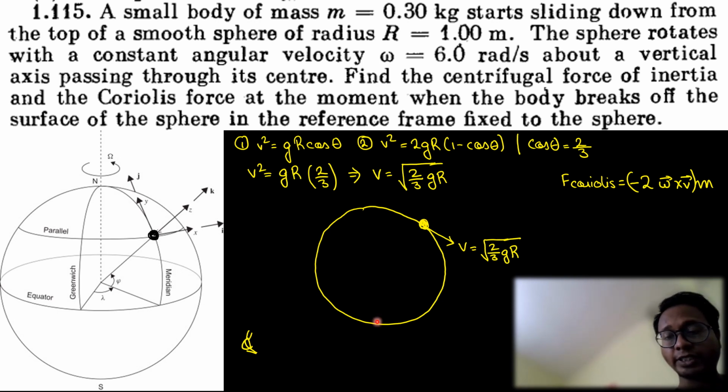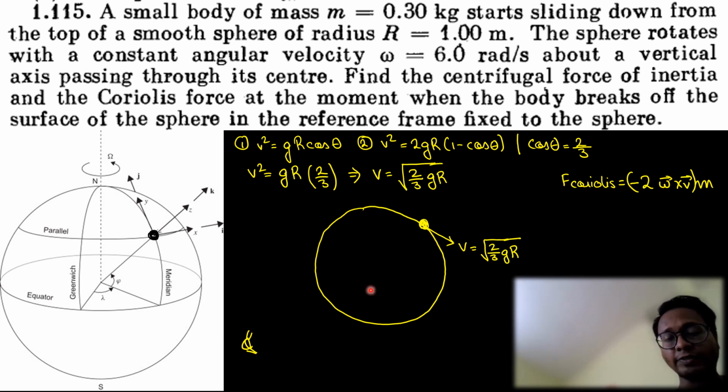That means the velocity should be with respect to the sphere. However, the velocity v equal to root 2 by 3 g r is seen by someone on the ground, isn't it? Remember our derivation. This velocity is from the perspective of someone seeing from the ground.